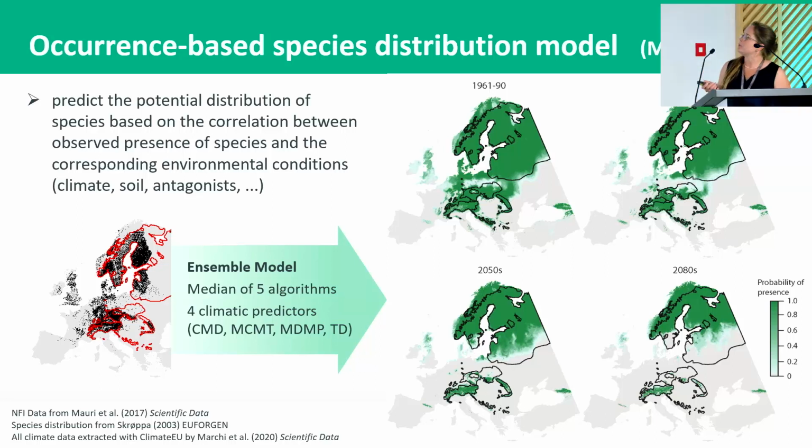What we've done here is such a model based on the NFI data assembled by Mauri et al. And we have used the ClimateEU data, which Leopoldo introduced us to before, in order to develop such an occurrence-based model.